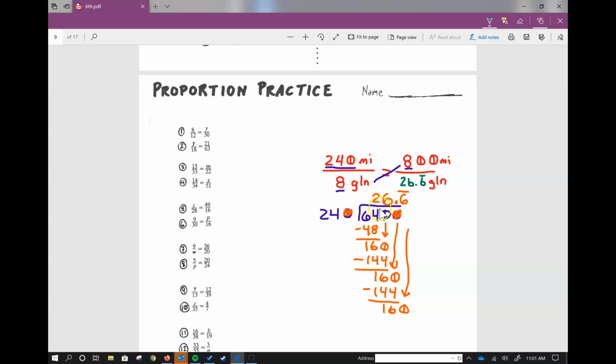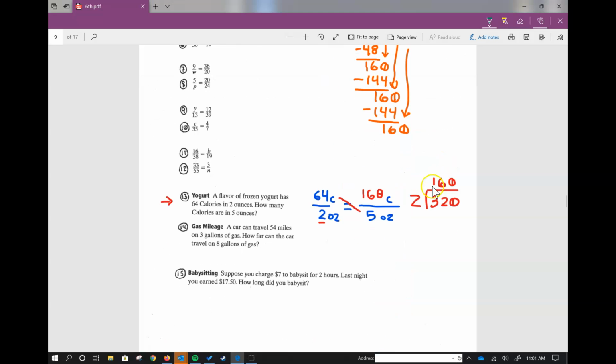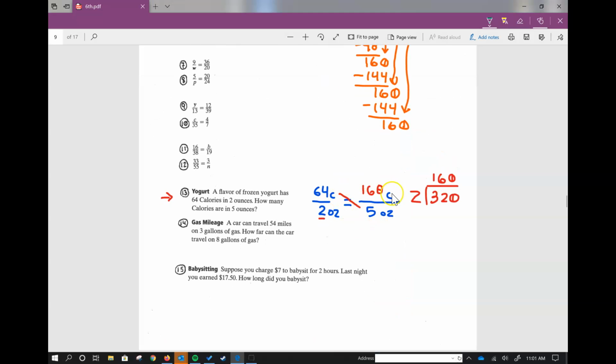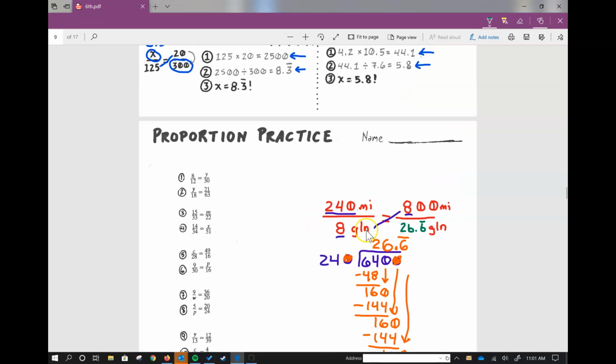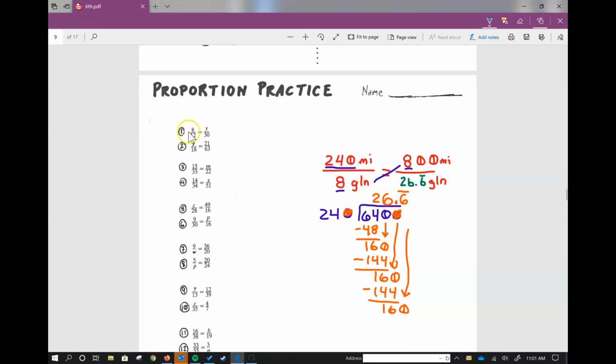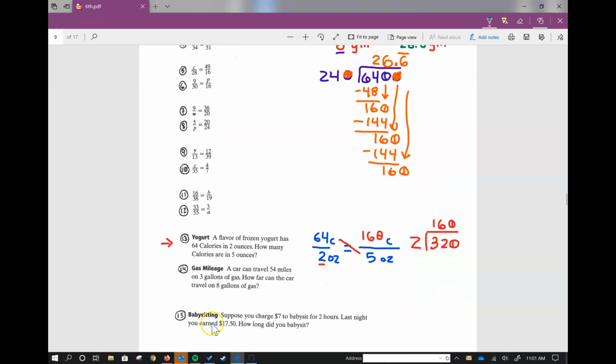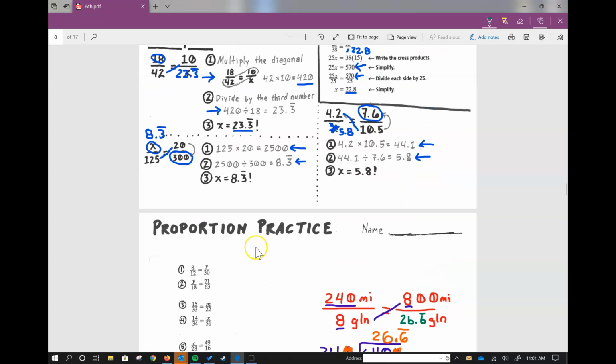You can't mix and match. Miles on top, gallons on bottom, calories on top, ounces on bottom. Multiply your diagonal, divide by the third number. That'll get you through every single one of these 15 problems.